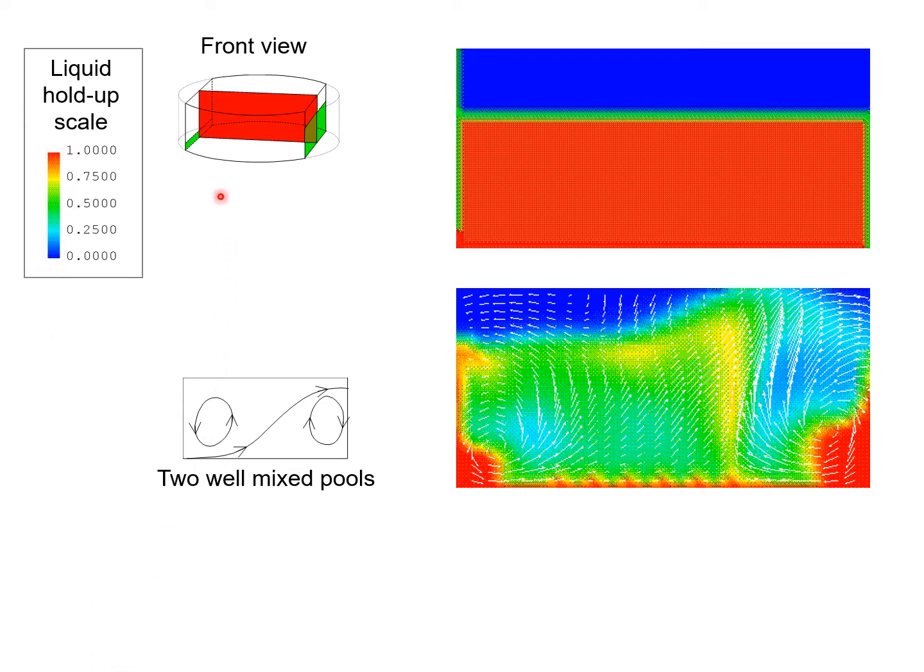We start the simulations with liquid on a tray, and then at time t is 0, we start the gas flow. Let's look at the gas and liquid flows at this position shown by the rectangle.